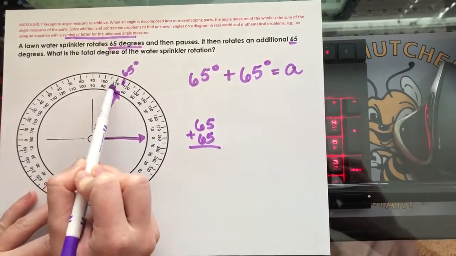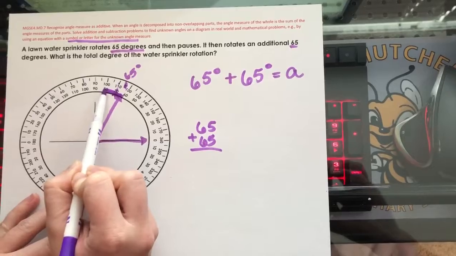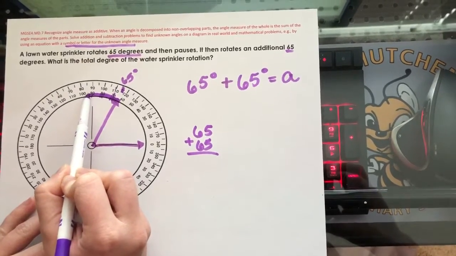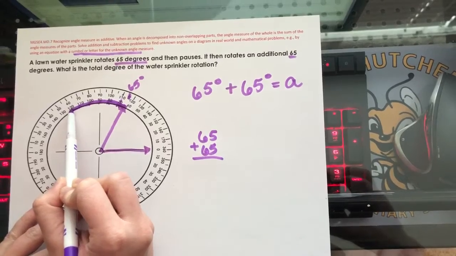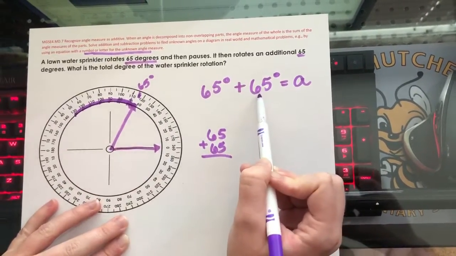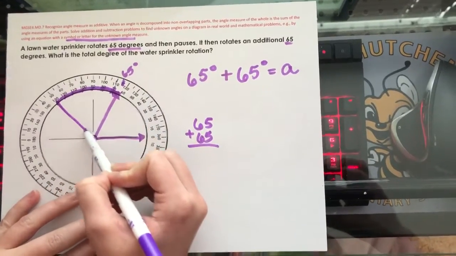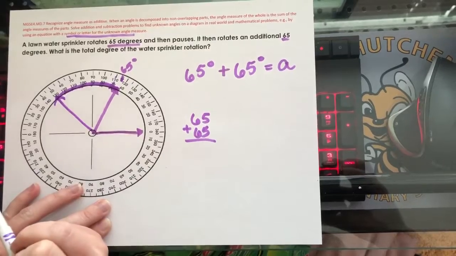So 5 and then 15. Okay, 15, 25, 35, 45, 55, 65. And I'm going to stop because it wanted me to go 65. So here is my completed angle, and you can see that I stopped on 130.